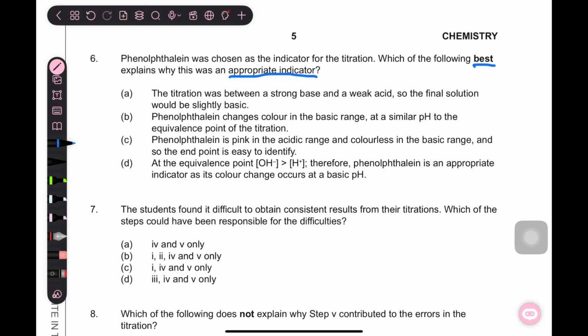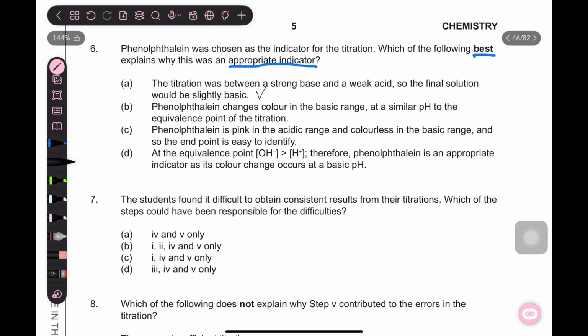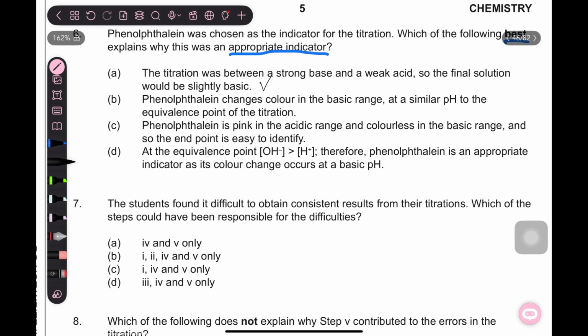So yes, the titration is between a strong base and a weak acid, i.e. sodium hydroxide and acetic acid. So the final solution will be slightly basic. So whilst this is correct, I feel like this is unlikely to be the answer. So I'm just going to do a little tick to show that I know that it's correct, but I won't select it yet. Okay. Now B.